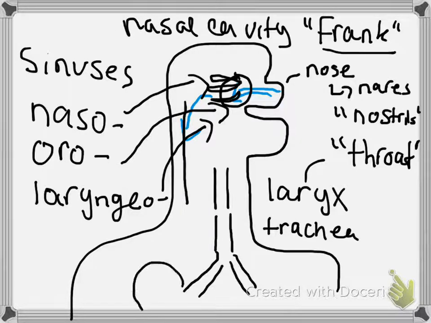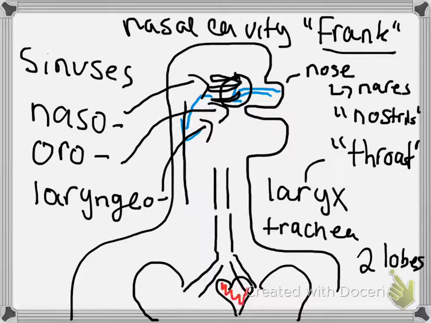And then we have our lungs, which I'll draw half, kind of like that. Remember, our left lung has two lobes because the heart resides more towards the left side of our body, while our right lung has three lobes and is a little bit bigger, and so is the bronchi.